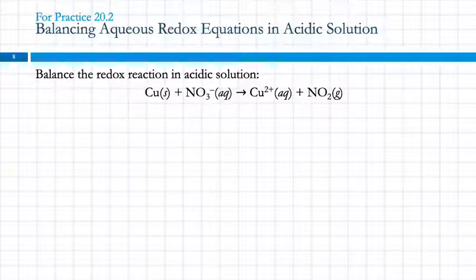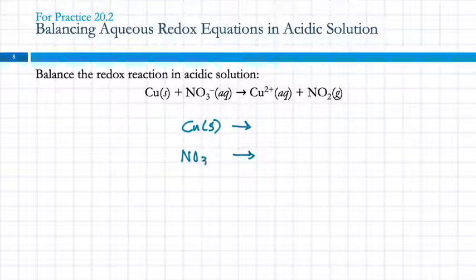So first step is divide this into 2 half reactions. I find it is easier to look at if I keep the arrows lined up. So I have 2 reactants, so I'll put 1 reactant in the first half reaction and the other reactant in the second half reaction. The equations we make you balance in Chem 1A are going to definitely be on the simple side.